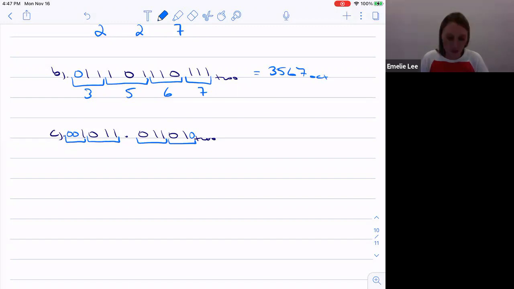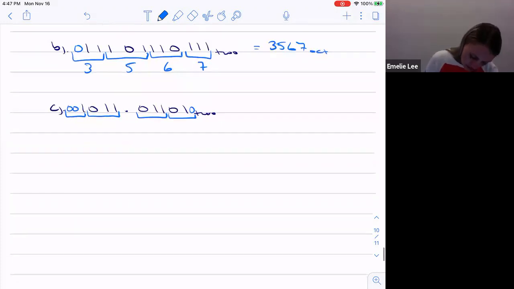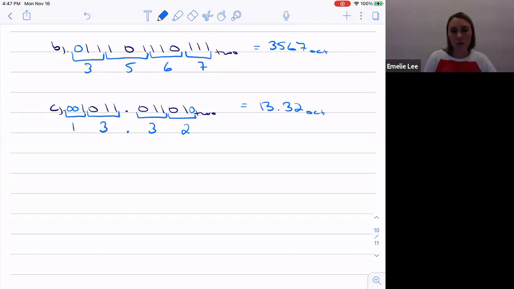So now 0, 0, 1 is just 1. 0, 1, 1: 2 plus 1 is 3. 0, 1, 1 is 3 again. 0, 1, 0 is 2. And remember the decimal translates down, so we get 13.32 base 8 or oct.